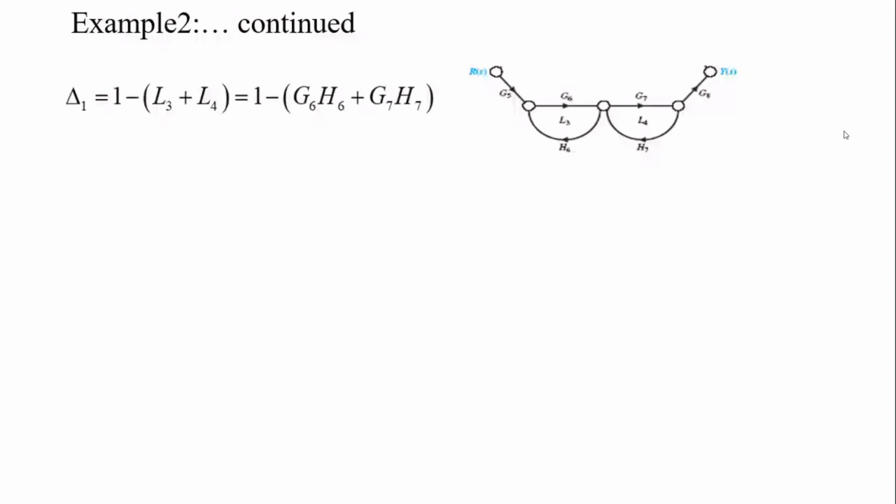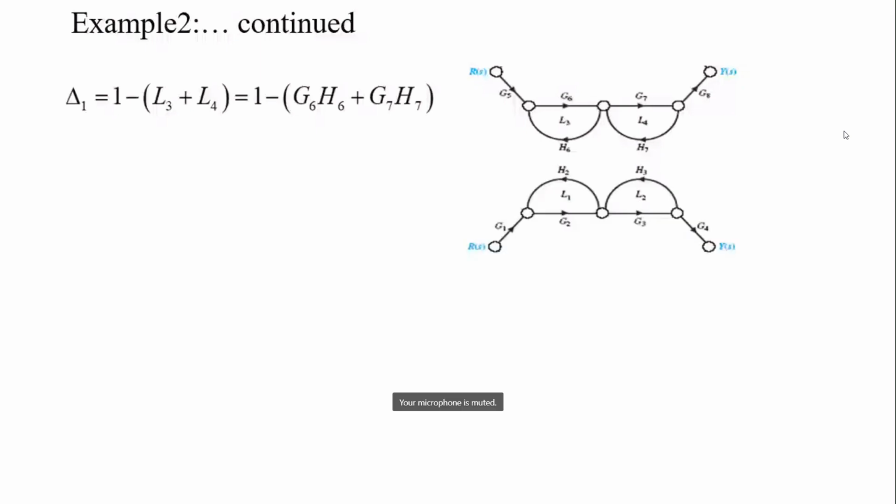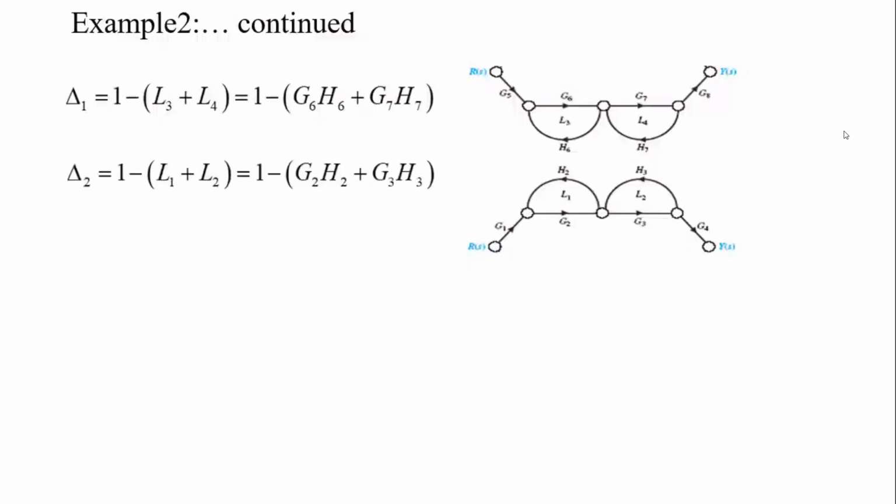Understood? Similarly, delta 2. The corresponding forward path is the bottom one, so eliminate the bottom path and retain the top one. So we will have delta 2 equal to 1 minus L1 plus L2.